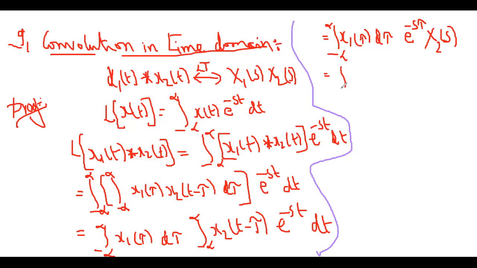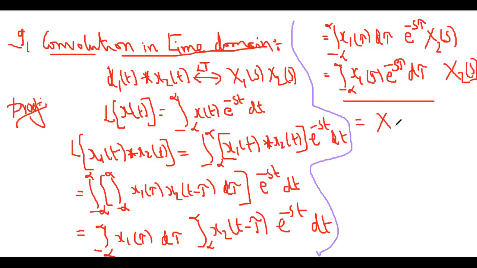Again, the integral from minus infinity to infinity x1 of tau e power minus s tau d tau into x2 of s. This is also a definition of the Laplace transformation, but the signal is x1 with respect to tau. That is equal to x1 of s into x2 of s.